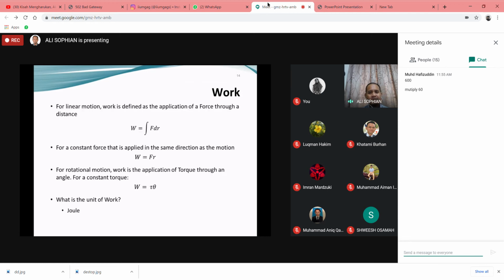So okay, now for the work. For linear motion, work is defined as the application of force through a distance.